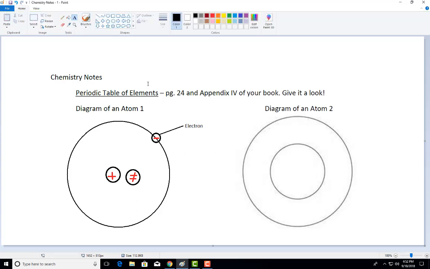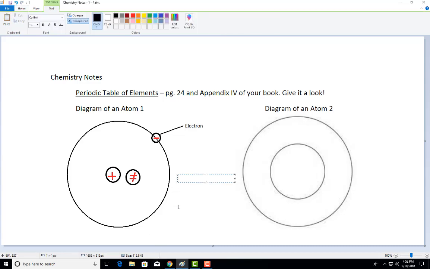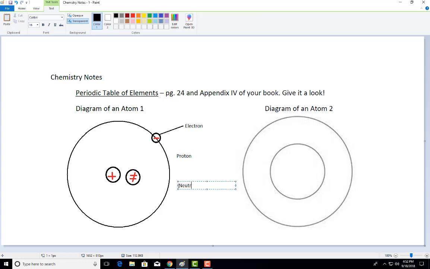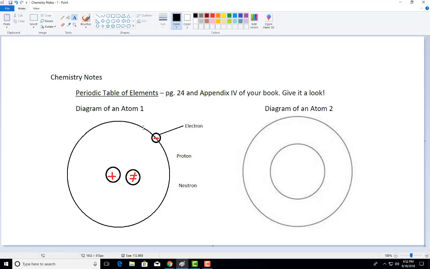And then, of course, that means that these other two would be the proton up here, and of course the neutron. And so these are all the base components of an atom. The proton and the neutron are sitting on the inside in the nucleus of the atom, whereas the electron is orbiting on the outside.